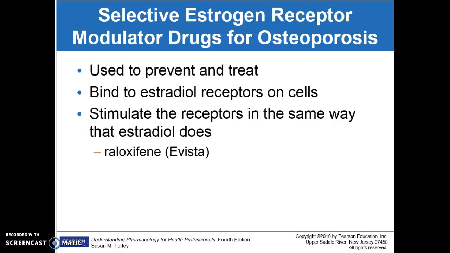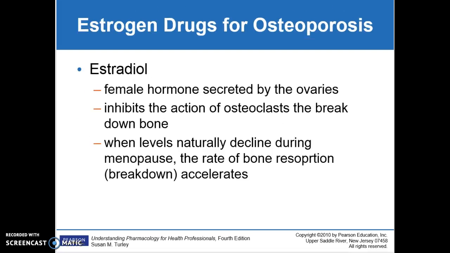Then we have some others that are used to prevent and treat. It's similar in the fact that it's going to be hormonally based: estradiol. Evista is one of the drugs that's used for that. Estradiol is actually a female hormone that's secreted by the ovaries, so it's something that we normally produce in our body.